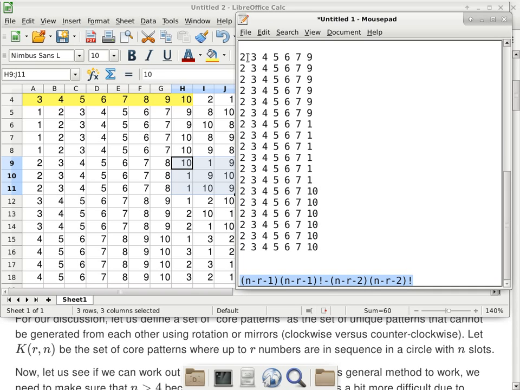Yep? But the given number, is that n minus r factorial? Say again. Is that n minus r factorial, or is that n minus r minus 1 factorial? Before the subtraction, on the left? Yeah. That's n minus r factorial. It's n minus r minus 1 factorial.